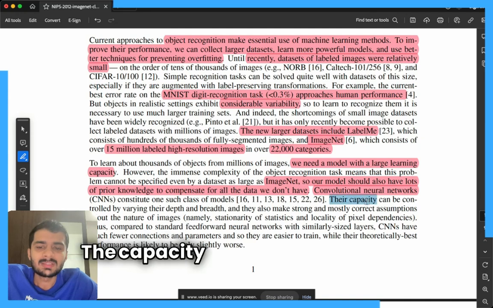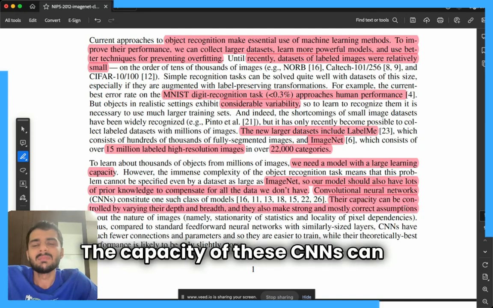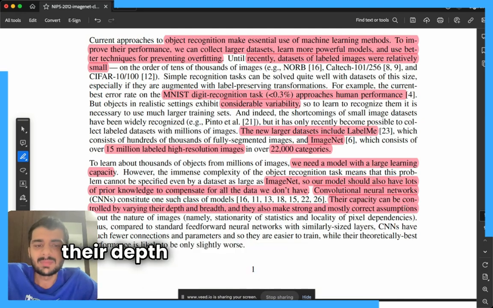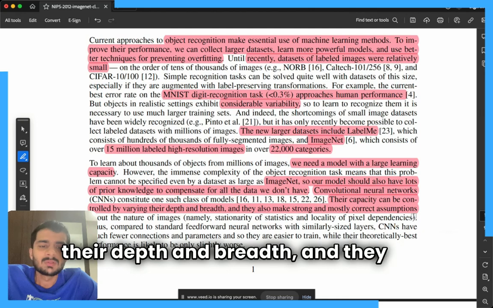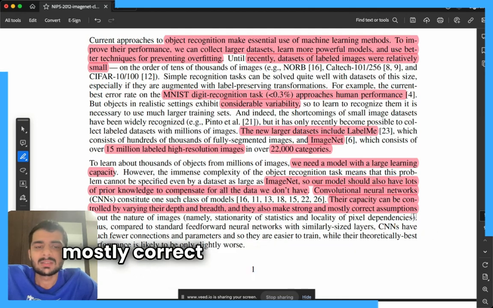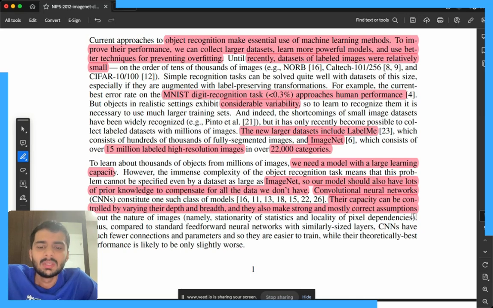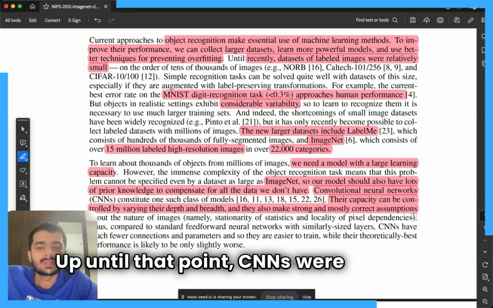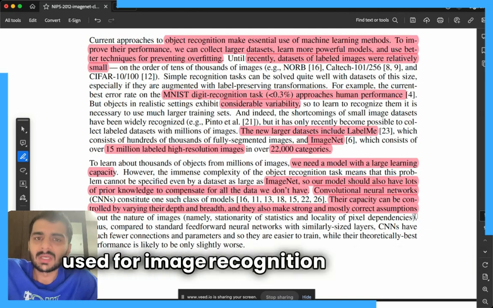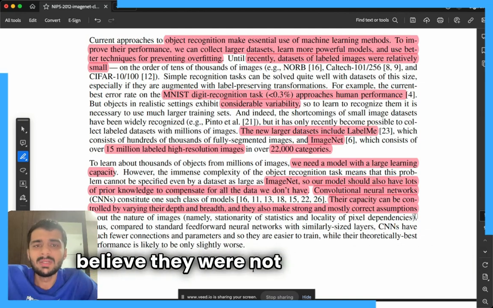The capacity of these CNNs can be controlled by varying their depth and breadth, and they also make strong and mostly correct assumptions about the nature of images. Up until that point, CNNs were definitely used for image recognition tasks, but I believe they were not deep enough.